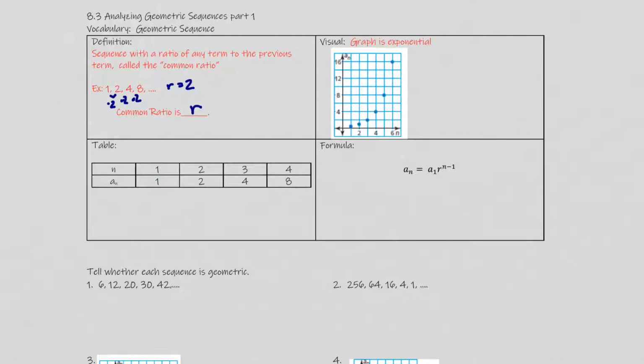Arithmetic were linear graphs, straight lines. If you're given a table, as you move up each term, you can tell to get from 1 to 2, I'm going to multiply by 2, 2 to 4, multiply by 2, and 4 to 8, multiply by 2. Okay, and then this is the formula for it. It's a sub n equals the first term times the common ratio to the power of n minus 1.